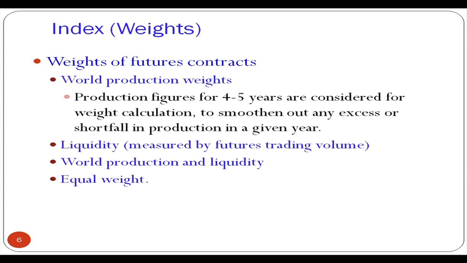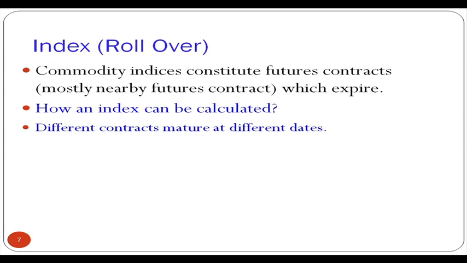So as you can see, the third measure of weight could be world production and liquidity combined together, and the fourth one is the equal weight. Now let's go to the next concept, which is the index rollover mechanism. So how do indices get rolled over?